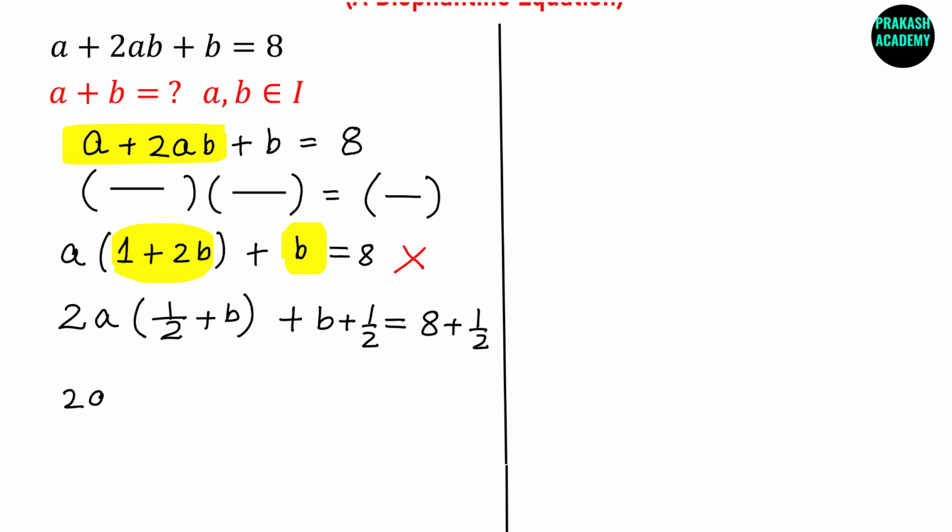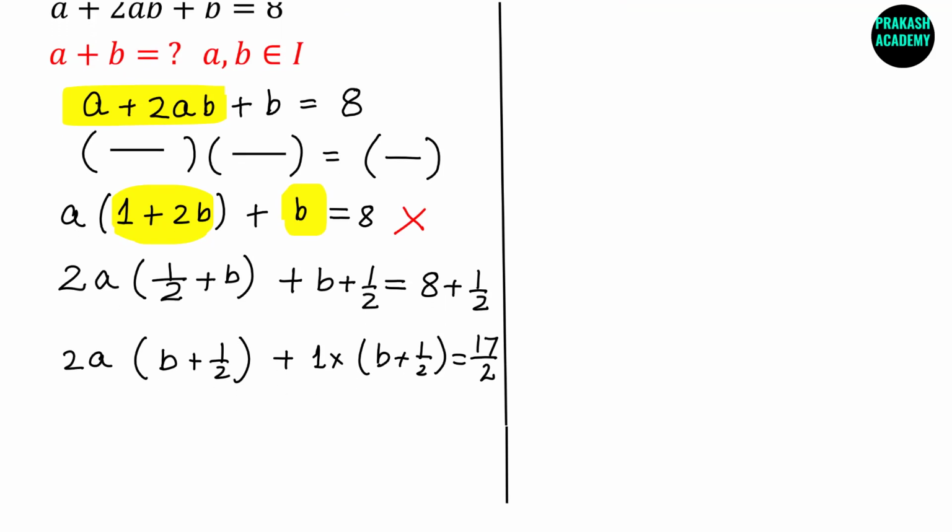So let us rewrite once again. This is b + 1/2, and here I have 1 multiplied by b + 1/2, and this is equal to 17/2. Now I can take b + 1/2 common, and I will have here 2a + 1, and this is equal to 17/2.